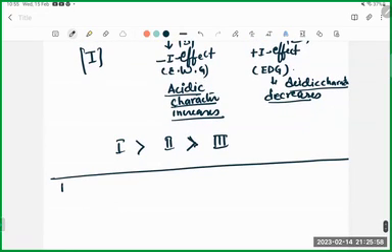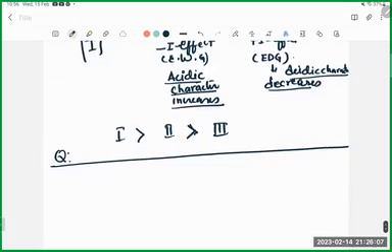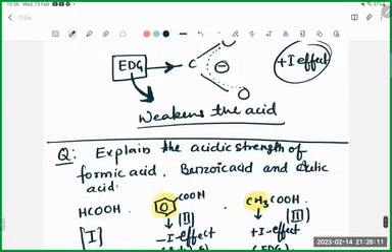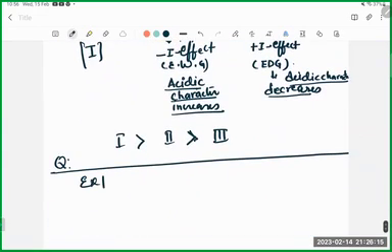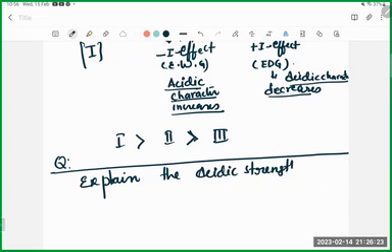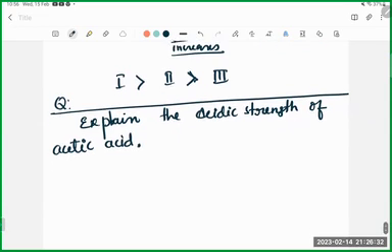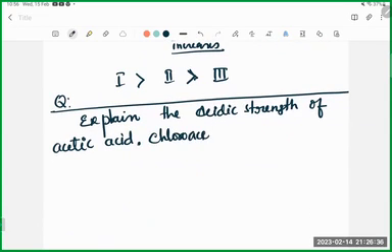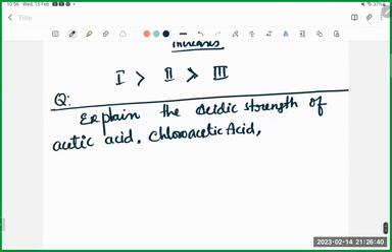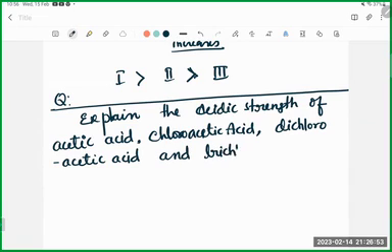Okay, let's do another question. We can say the same question continued over here: explain the acidic strength of acetic acid, chloroacetic acid, dichloroacetic acid, and trichloroacetic acid.